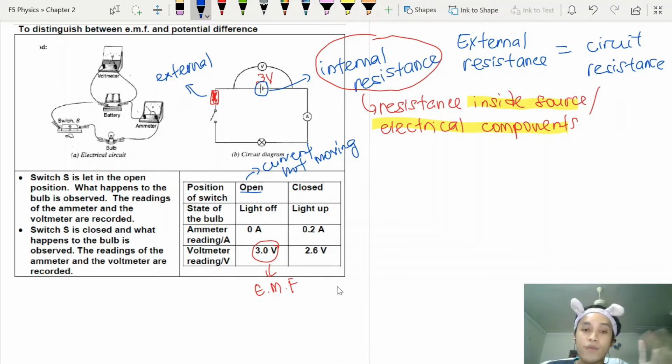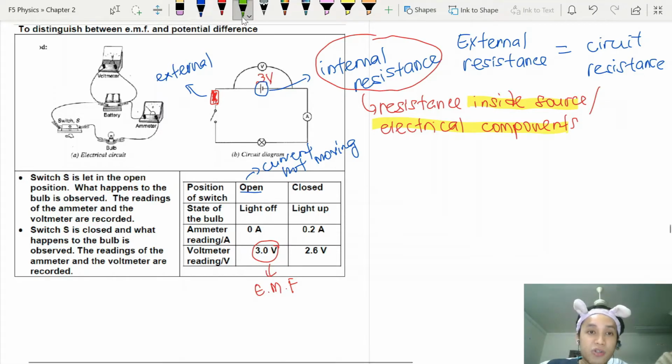Now for this example, I'm going to assume that light bulb has no internal resistance. I'm just going to ignore the internal resistance in the light bulb, just to make you understand. Now when you have internal resistance, meaning what? As the electron travels into the circuit, when they travel from here to here, they go around in the circuit.